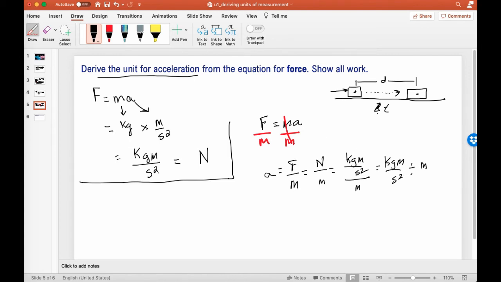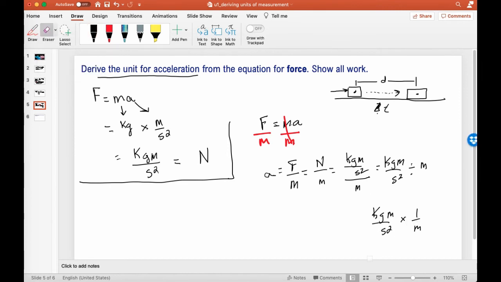So now we know that this would be kilogram meters per second squared times the reciprocal, correct? And the unit for mass we know is kilogram.